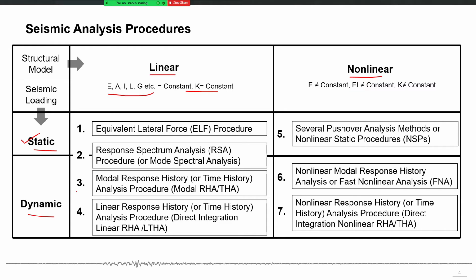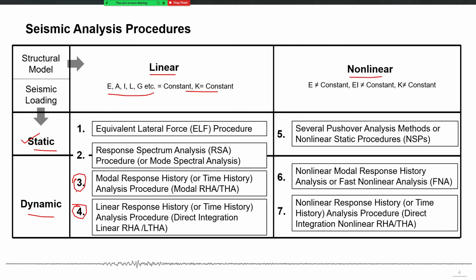Then we have rigorous linear dynamic procedures: modal response history analysis, and then the response history analysis using the direct integration method. Both option 3 and 4 are time history analysis, but their analysis procedures and calculation methods are different.